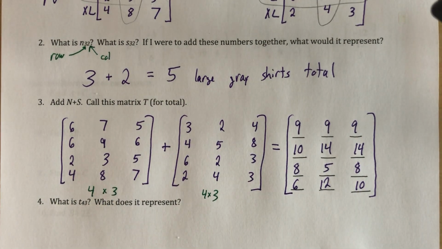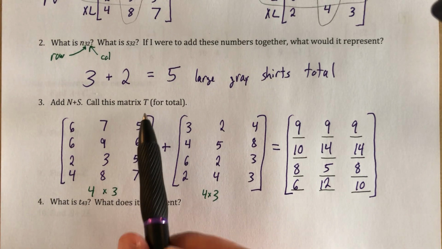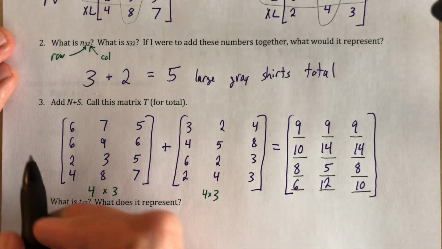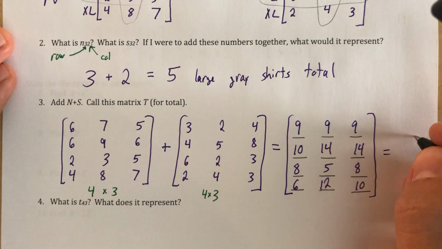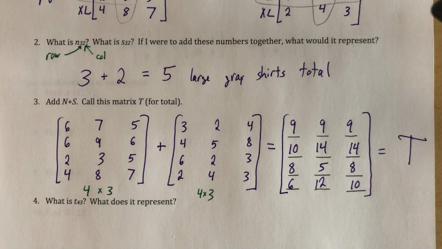They said, they being the people that wrote this, that would be me actually, call this matrix T, and we're going to call it T for total. So I could put T equals all this stuff. I'm going to put it over here just so I know that this matrix is T. So now I have a total, and when I get to number 4, I'm going to answer a specific question.